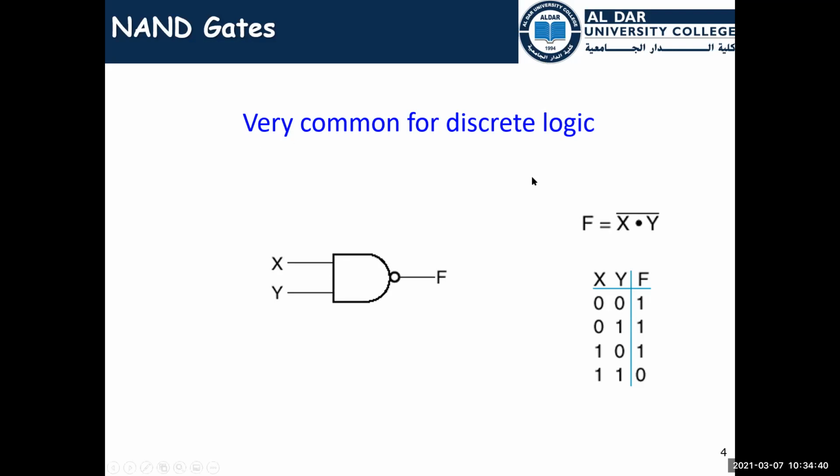For example, here NAND gate can be used for common discrete logic. This is just the NAND gate, which is AND converted, the same as AND but converted. In the AND it is 0001, but in NAND it is 1110.